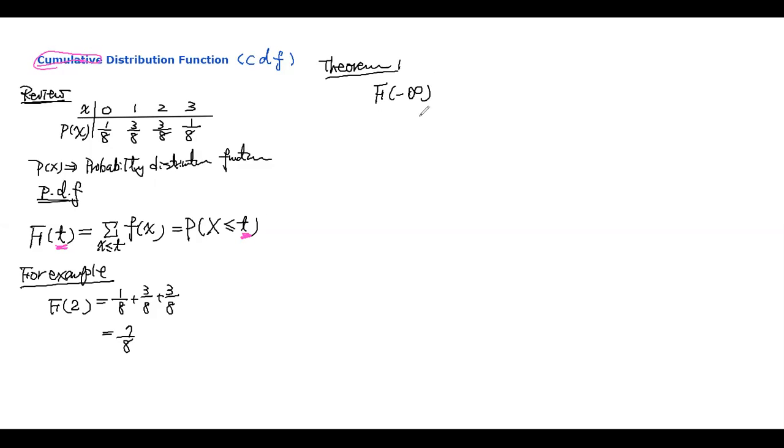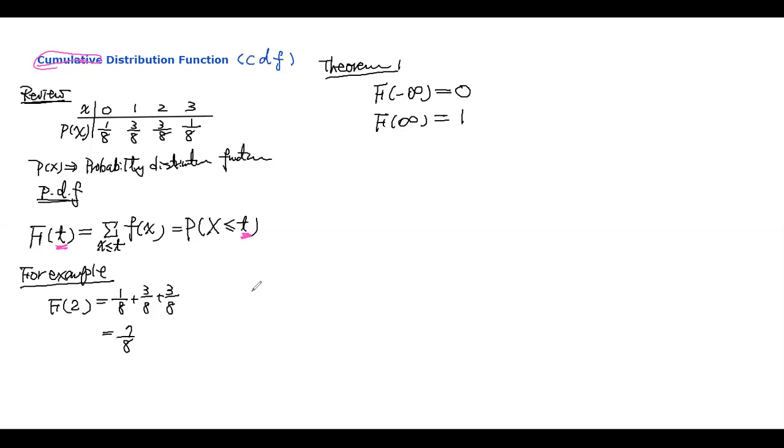So if you add your probability values up to negative infinity, you don't really have anything, so it's 0. On the other end, if you add up to infinity, that covers all the values of x, so when you add all the way, it will give you 1.